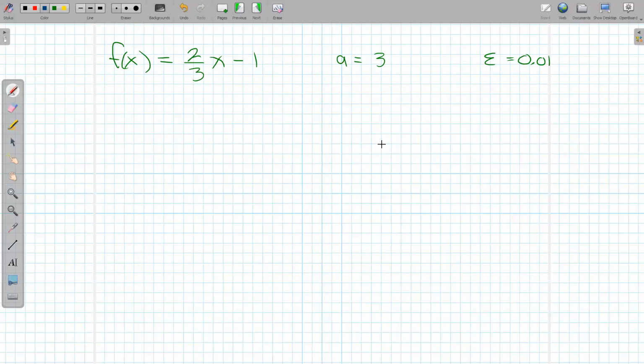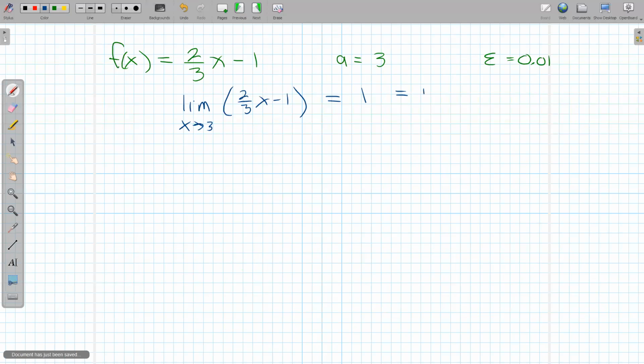So again, the way this starts is we write our limit if it's not already given. So the limit as x goes to 3 of 2/3 x minus 1 is equal to, if we plug in 3 here, what do we get? 2, minus 1, we get 1. So the limit should be 1.